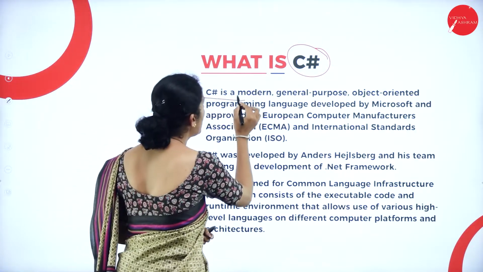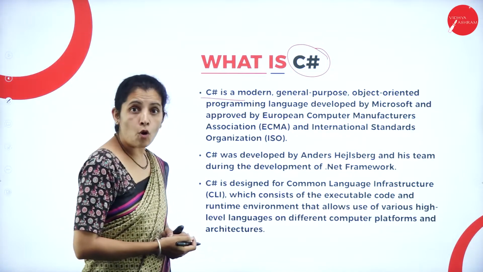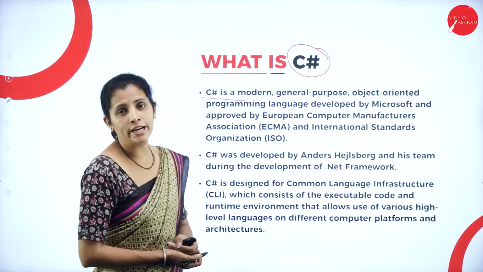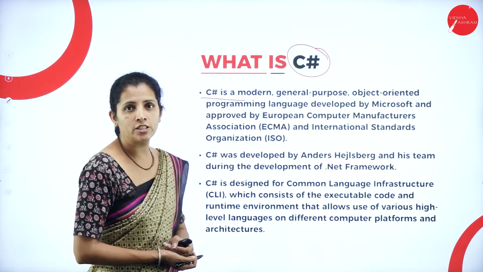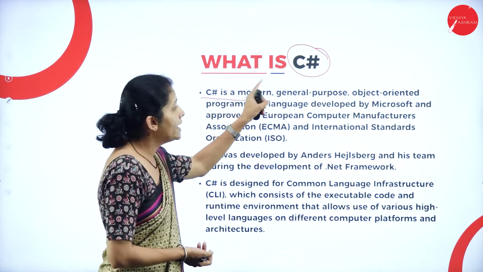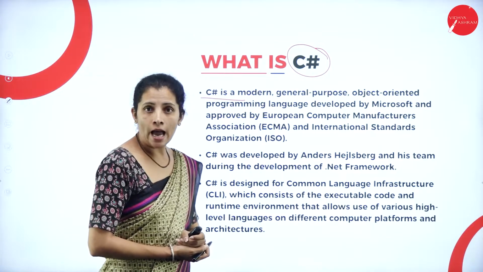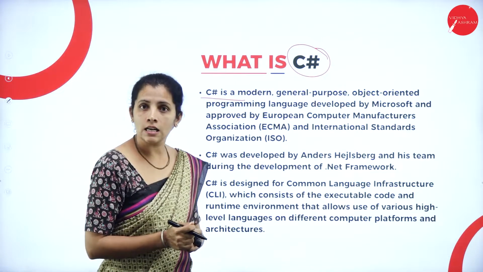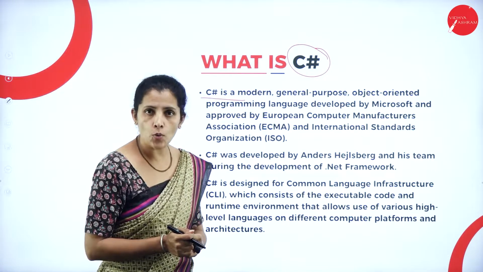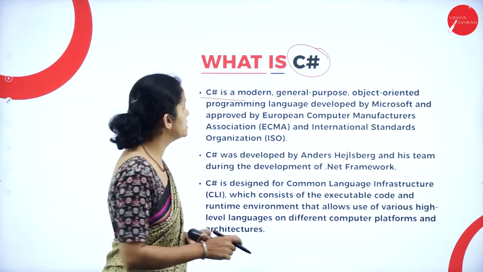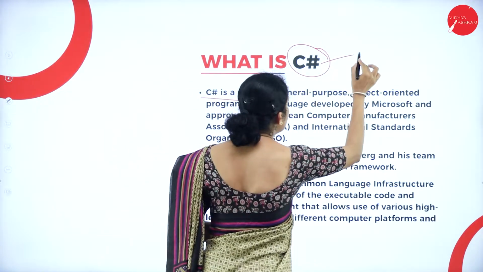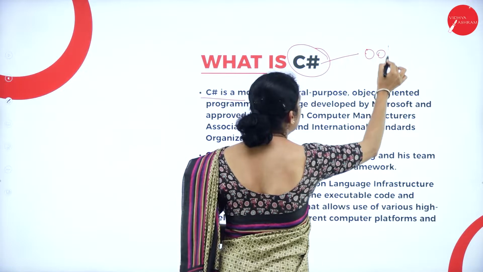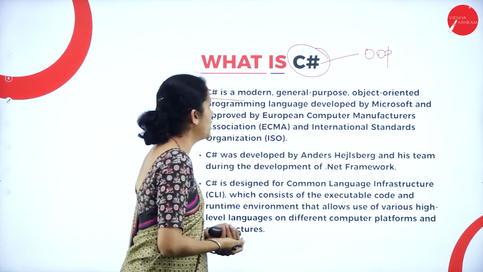So here C# is a modern general purpose object-oriented programming language. Like Java, in C#, all the things are treated as classes as well as objects. For that reason, C# is also called an object-oriented programming language.